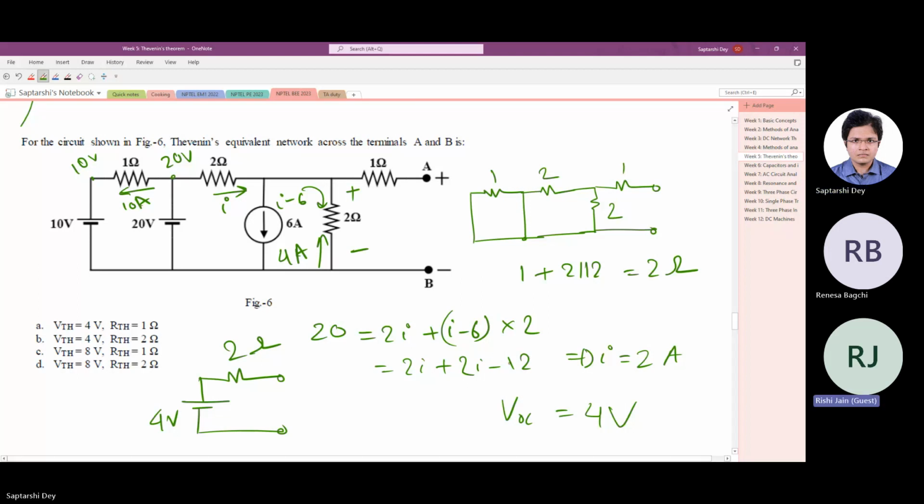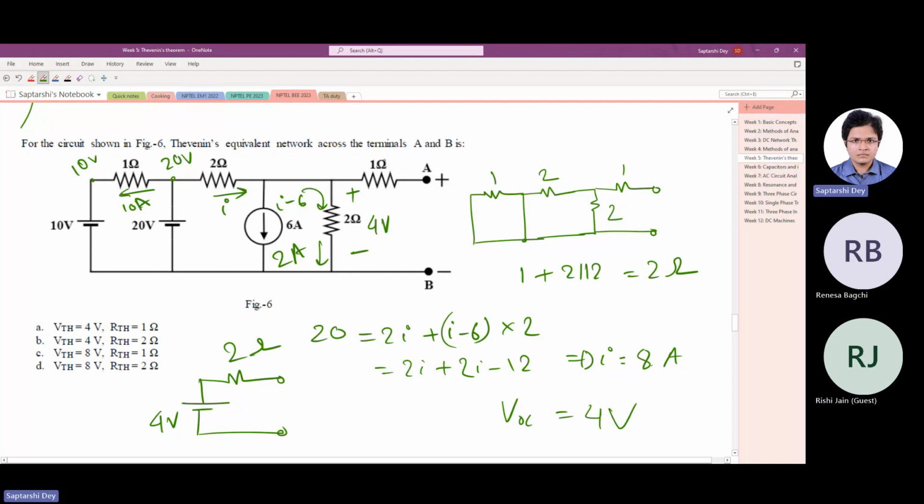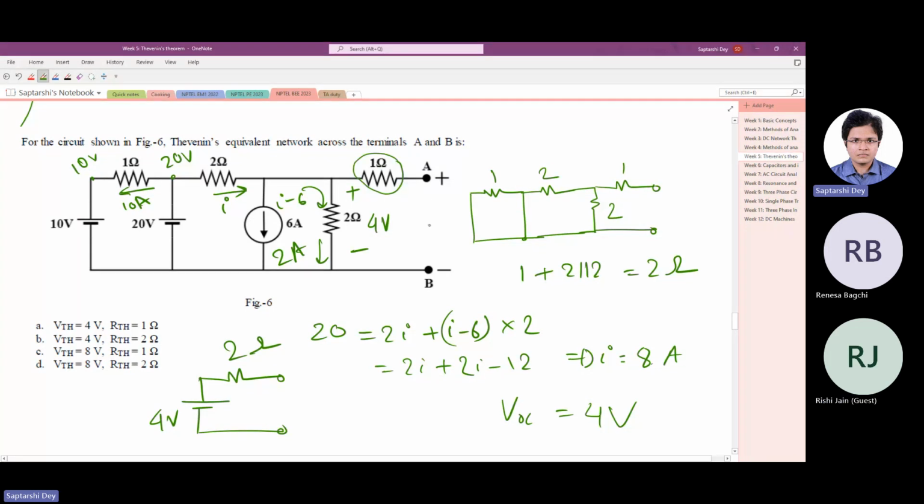Oh yeah, 20 32 4 8, yes. If I is 8, then this is 8 minus 6, 2. I don't know how I wrote 2 ampere, the correct answer. Yeah, 2, so it's 4 volt. Yes, correct. Do you appreciate this part, that since there is no current in this resistance because it's open circuit here, whatever voltage we have across this 2 ohm resistance is the open circuit voltage.